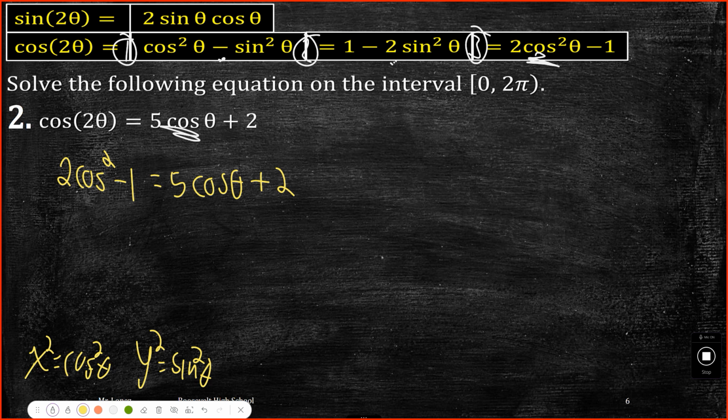So here, forgetting the theta, you're looking at 2x squared minus 1 equal to 5x plus 2. So it's a quadratic, and you want to move things around. That's really what you're looking at.